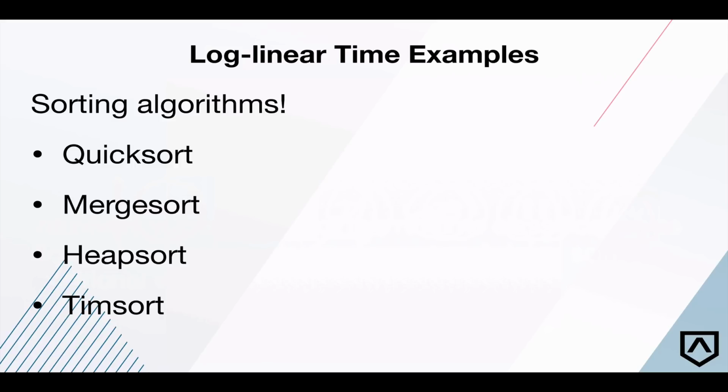And so far, it's pretty much the gold standard for sorting algorithms. So all of the most efficient or most effective sorting algorithms, like the ones listed here, quicksort, merge sort, heap sort, and tim sort, all exhibit the n log n runtime classification.